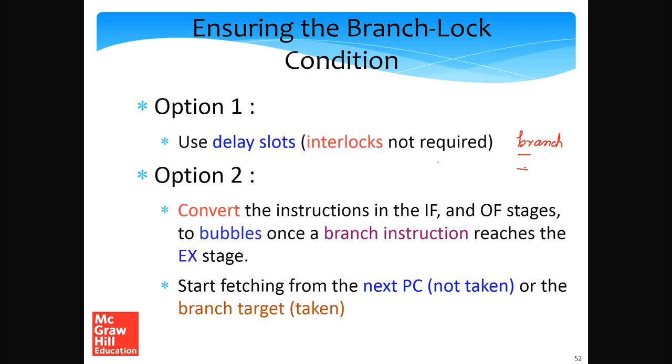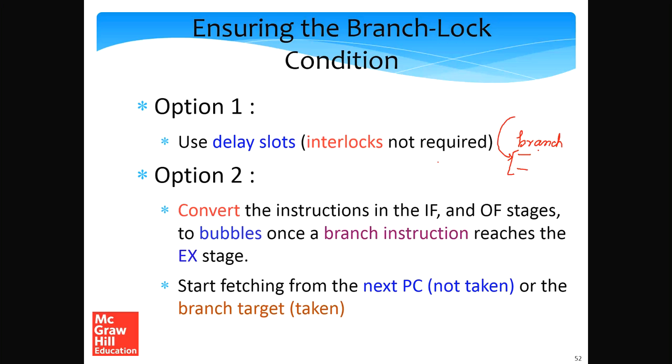So what we do is pick instructions that are before the branch and move them to these slots, such that instead of executing possibly wrong path instructions, we execute correct instructions. Delay slots are very simple, they don't require hardware solutions. So let's look at a second option.